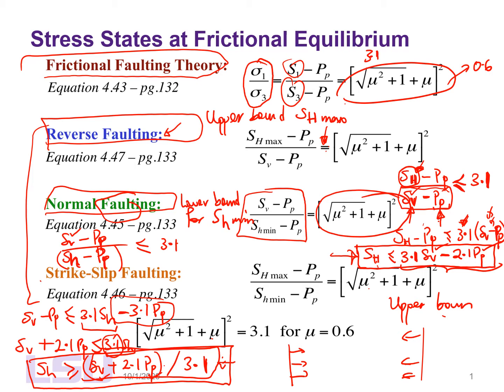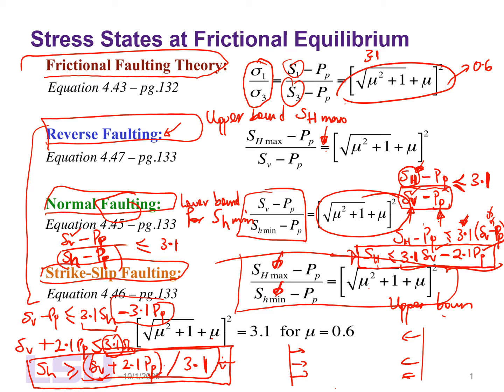For strike slip faulting, you can go through the same kind of calculation, but now you don't see SV here, so you actually have two values you don't know. But you can get this from leak-off test, right? Because when you try to fracture a rock, the least principal stress is the stress that has to be overcome before you can open up the fracture.